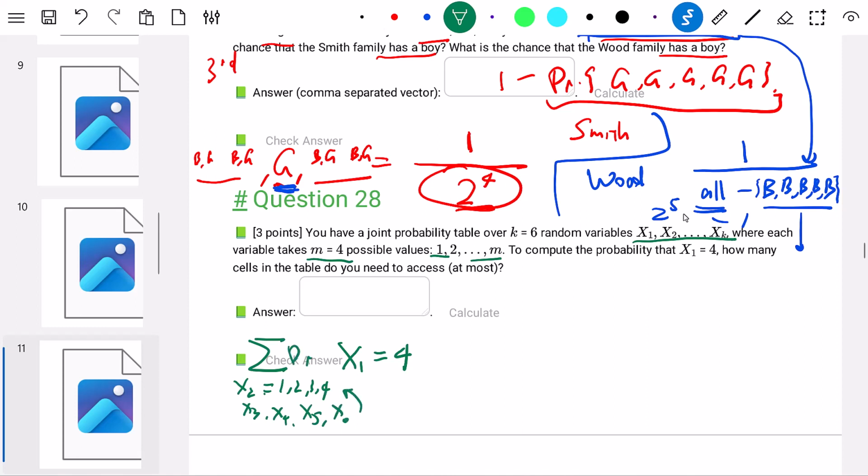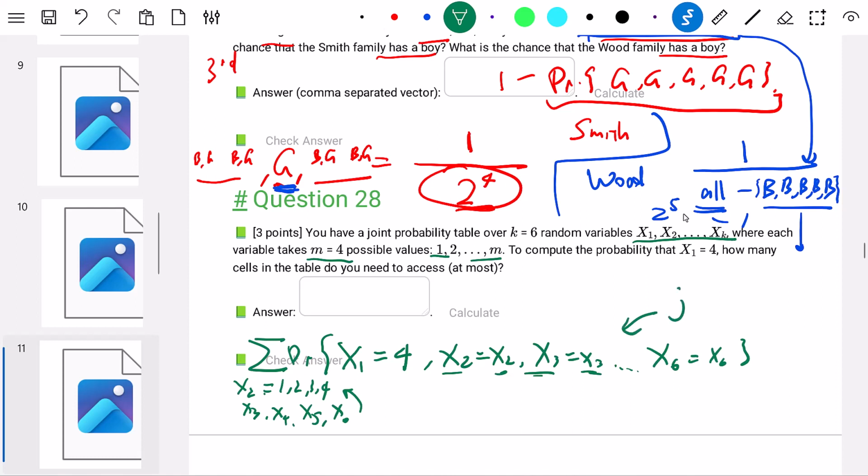And we sum up the probability of X2 equal to x2, X3 equal to x3, and so on. These are random variables, these are specific numbers, so these are capital letters, and these are small letters. And X6 equal to x6. So we sum up all of these probabilities.